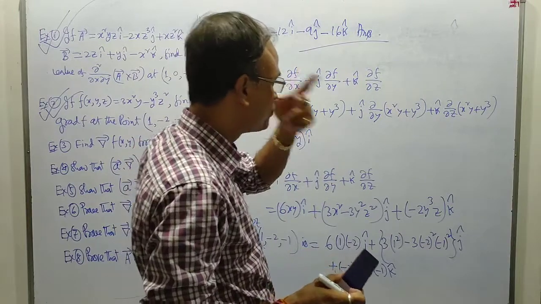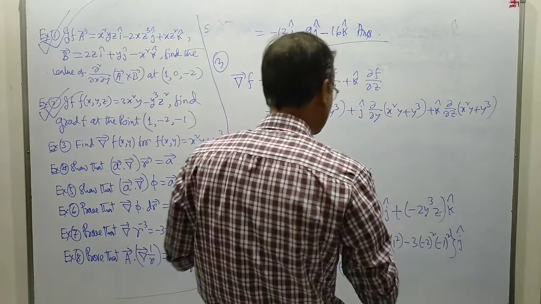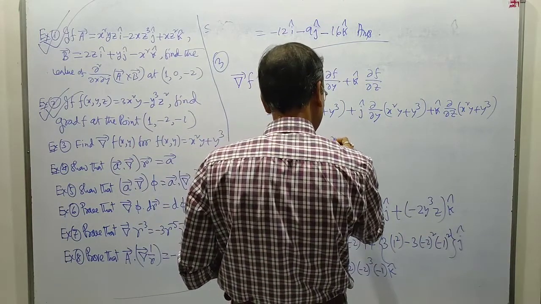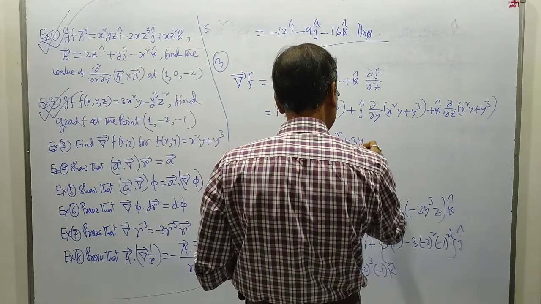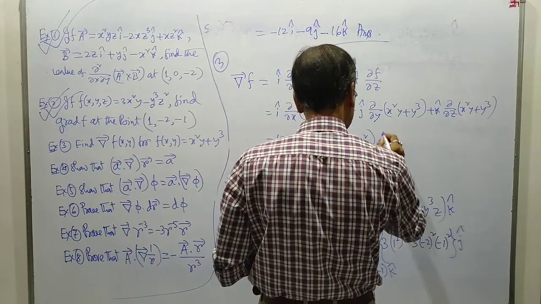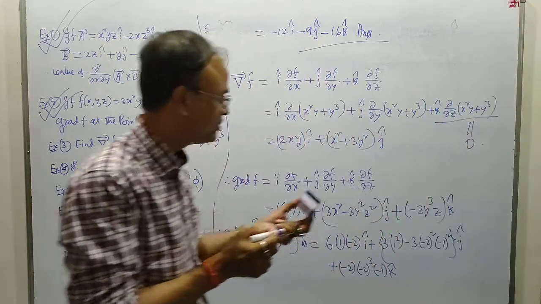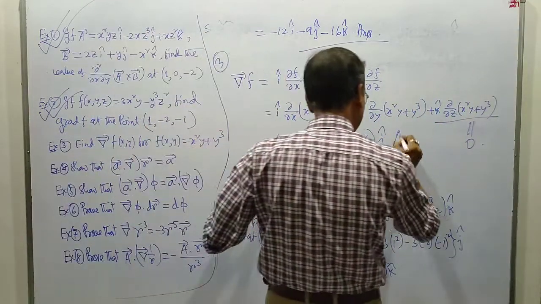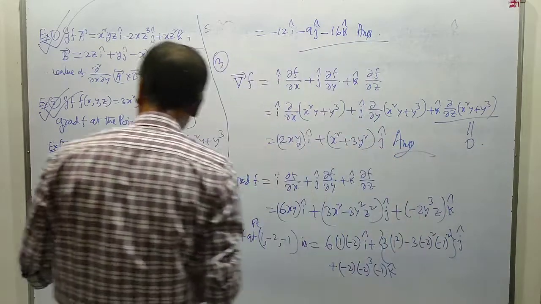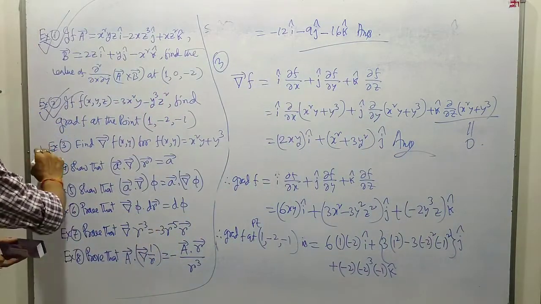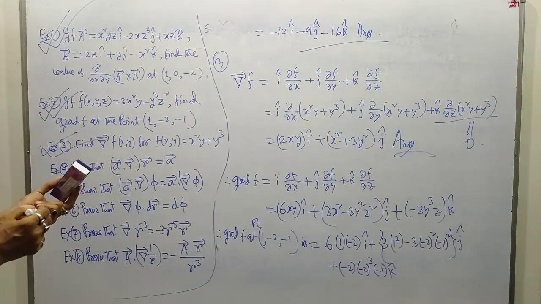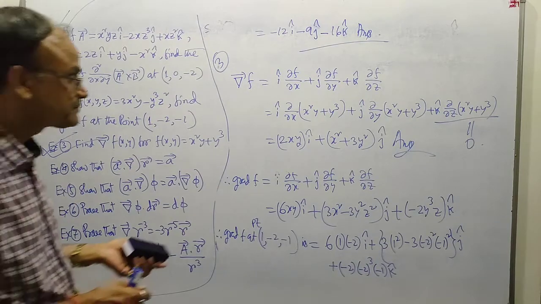With respect to y, x squared plus 3y squared j cap. With respect to z, it will be 0. This is the answer. We have done number 3.